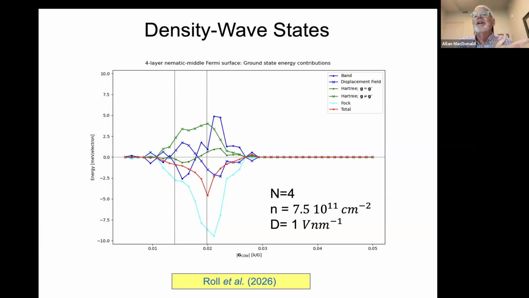If you had ordinary electronic states that didn't have these k-dependent sublattice spinors attached to them, then the favored density wave state, as we know from the ancient theory of the ordinary electron gas in a magnetic field, favors density waves with one electron per unit cell, so-called Wigner crystals.